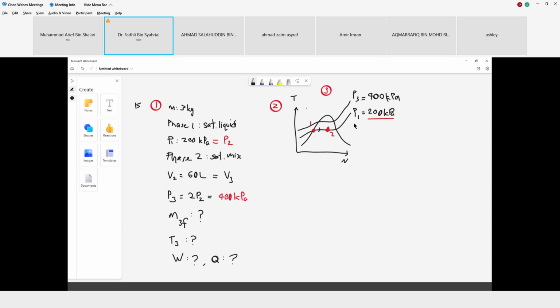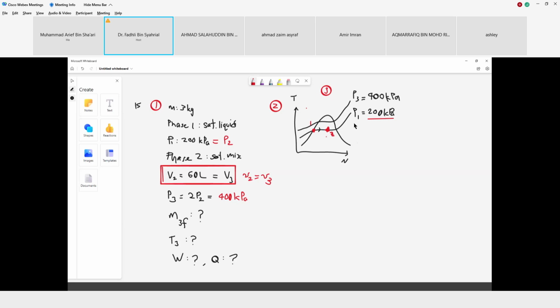Okay, now next is this volume. This means specific volume 2 equal to specific volume 3. Okay, volume 2 equal to volume 3, or specific volume 2 equal to specific volume 3. So if we look at our TV diagram, we have state number 2 here, right?